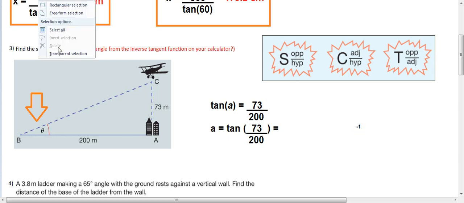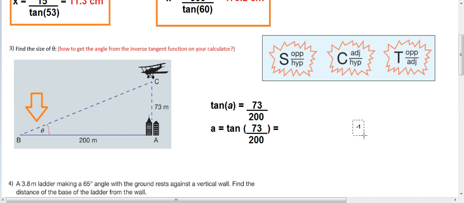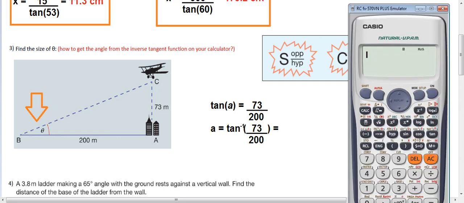So tangent -1, the inverse function of tangent, of this number here, 73 divided by 200. So we have to go for our calculator. I'm going to use this one to help you. To find the angle, we use the inverse function of tangent, which can be accessed by pressing shift and tangent.